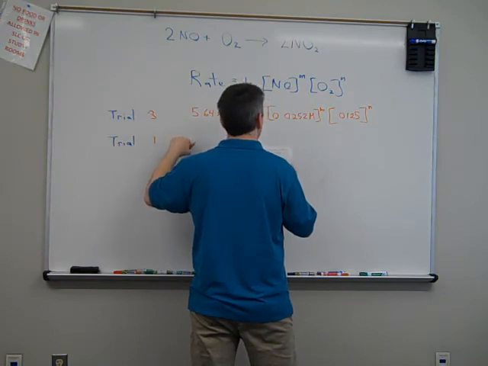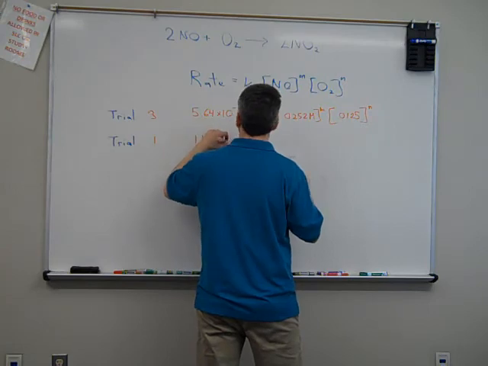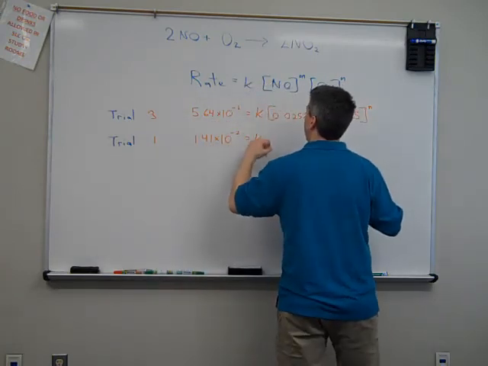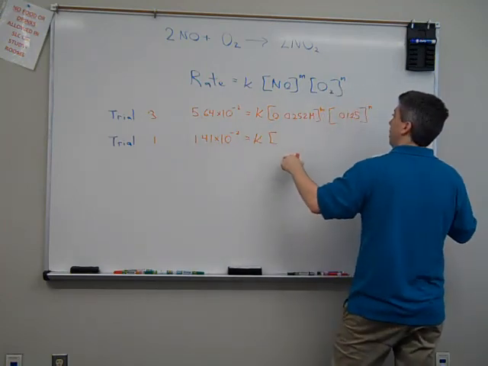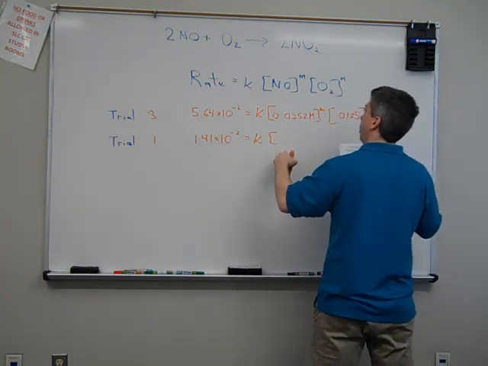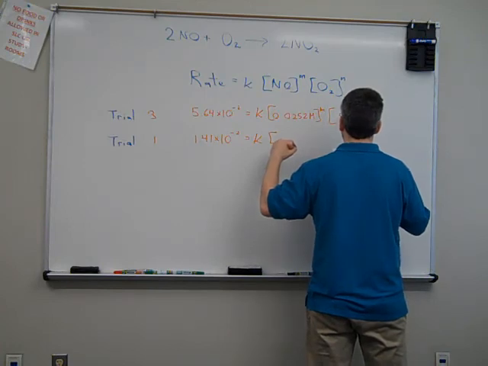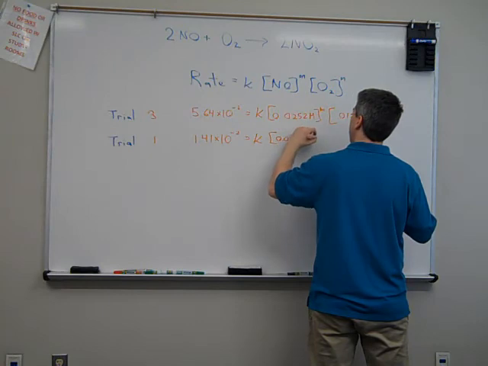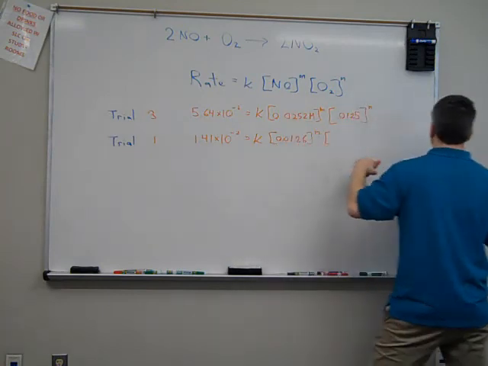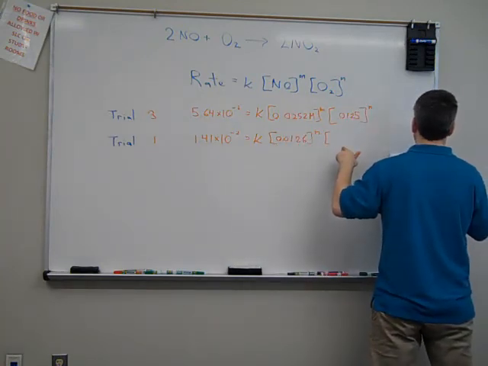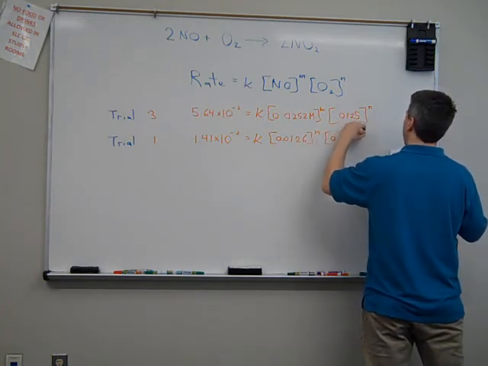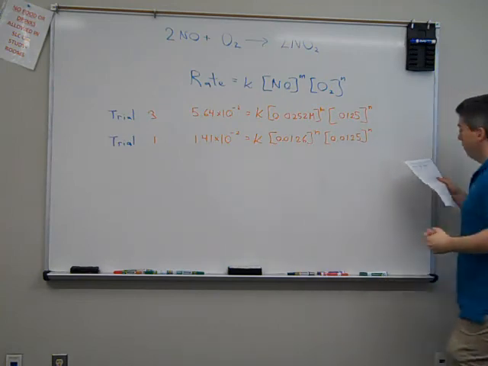And trial 1, the rate is 1.41 times 10 to the negative 2, equal to K times the concentration of NO, which happens to be 0.0126, to the M power, times 0.0125 to the N power, right?